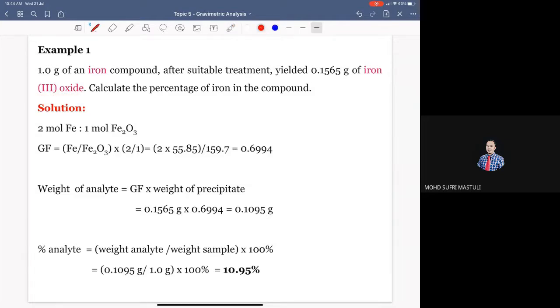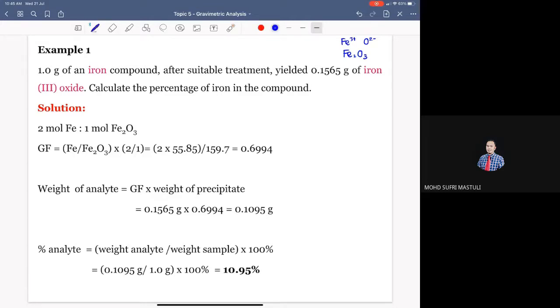This one is Fe2O3, because this is iron trioxide, meaning Fe 3 plus, oxygen 2 minus. Calculate the percentage of iron in the sample. It is asking about the percentage of iron in the sample.